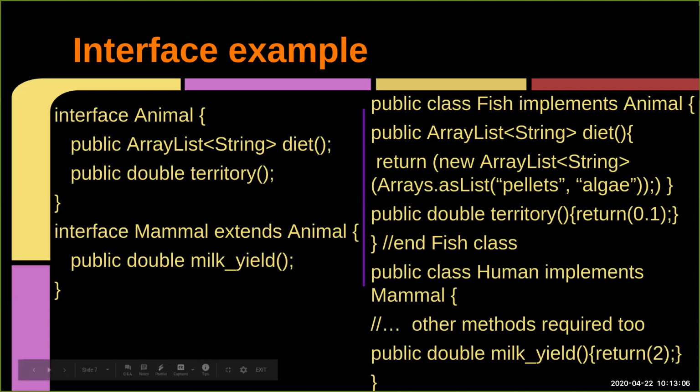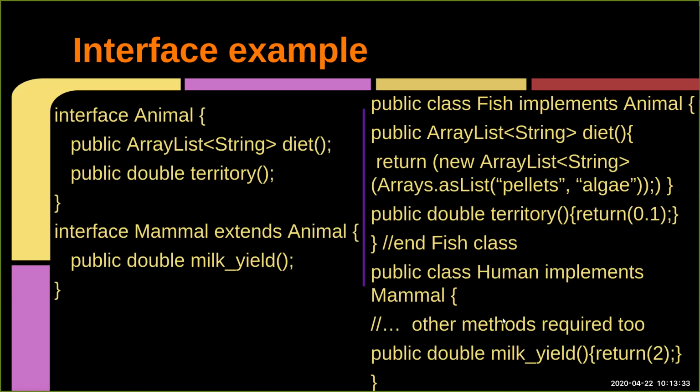Then for the human class, we would have to do exactly the same thing. We would need to have our diet, which we might say is just meat and plant, or something like that. Or if there was a specific instance of a human class, we would have these as private. Instead of these being statically set, we might have a private part as part of the human.